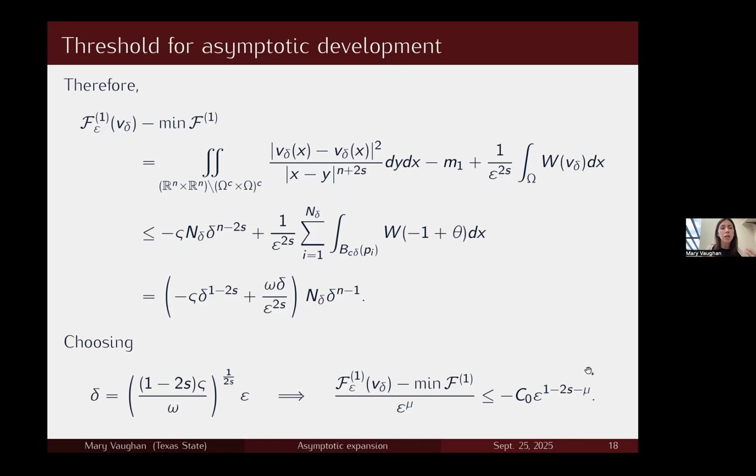And you can see that this diverges when mu is bigger than 1 minus 2s as epsilon goes to 0. So that's the idea. This lifting is the idea behind how we were able to prove that you don't have these higher order asymptotics up to or past a certain threshold.